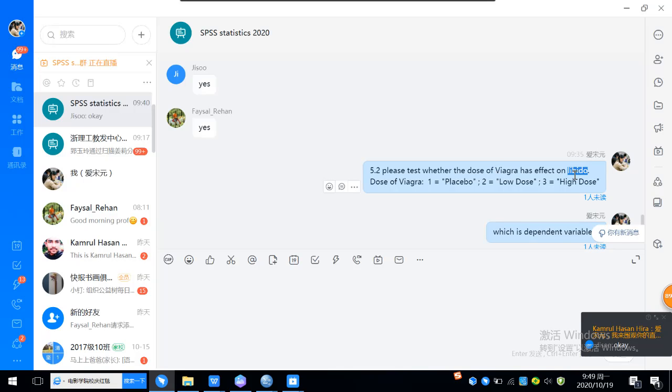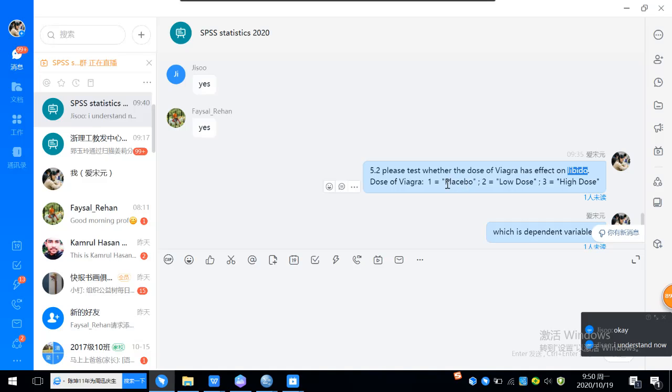So this is just like X, and this is just like Y. Y is the dependent variable. The dose of Viagra is the factor. And we have 3 levels. If the dose of Viagra is placebo, it means no Viagra, but the patients don't know, so we call it a placebo.